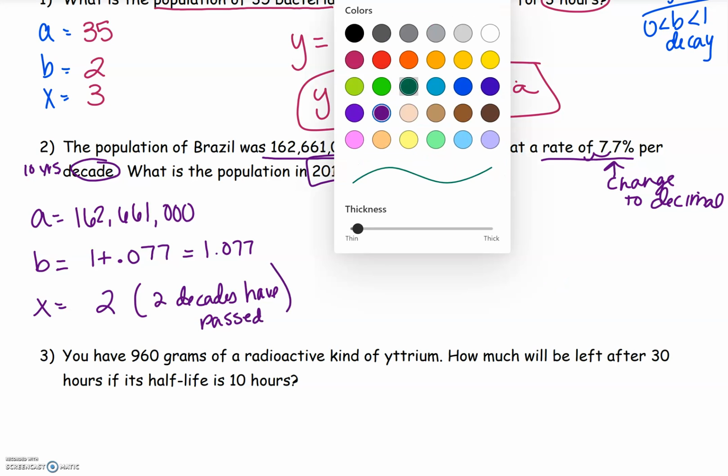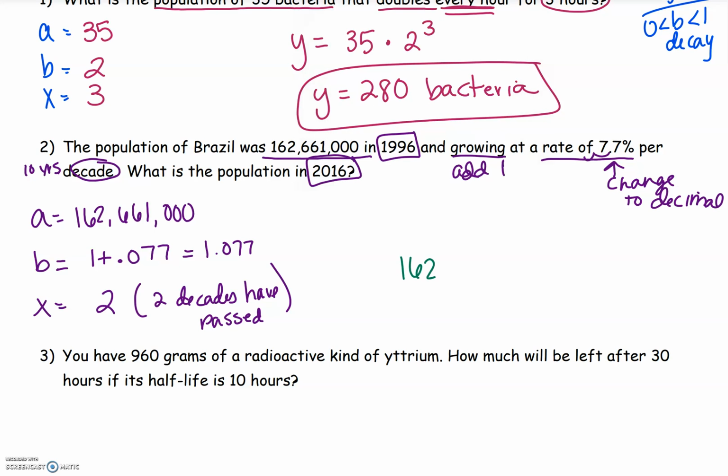So let's go ahead and take 162,661 with 3 zeros times 1.077 to the second power in our calculator.